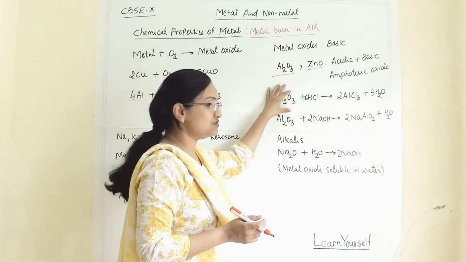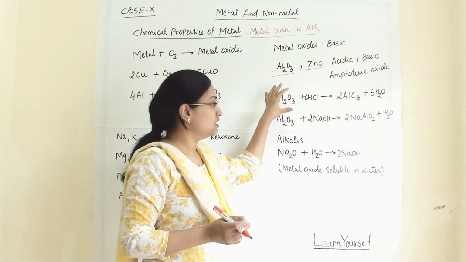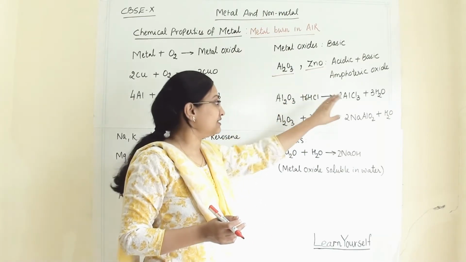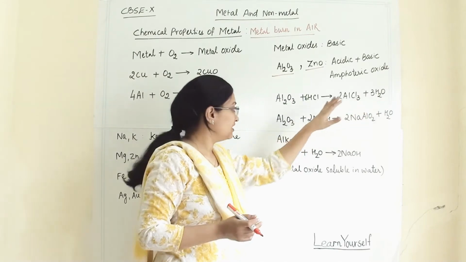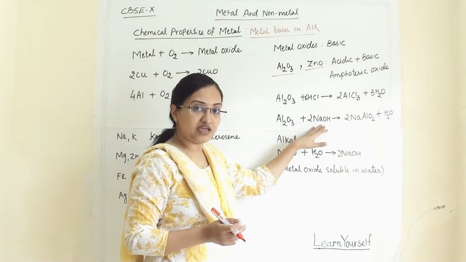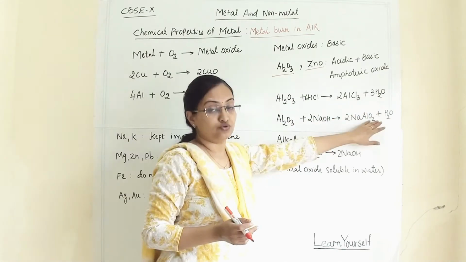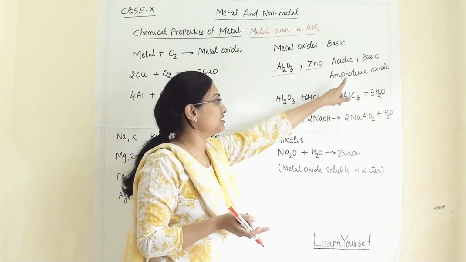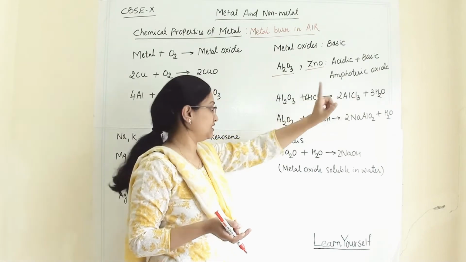Same way, this oxide is an amphoteric oxide. So with acid it will show basic character and give us salt and water. When it reacts with base, it will show acidic character. So they act as base as well as acid. That's why it is termed an amphoteric oxide.